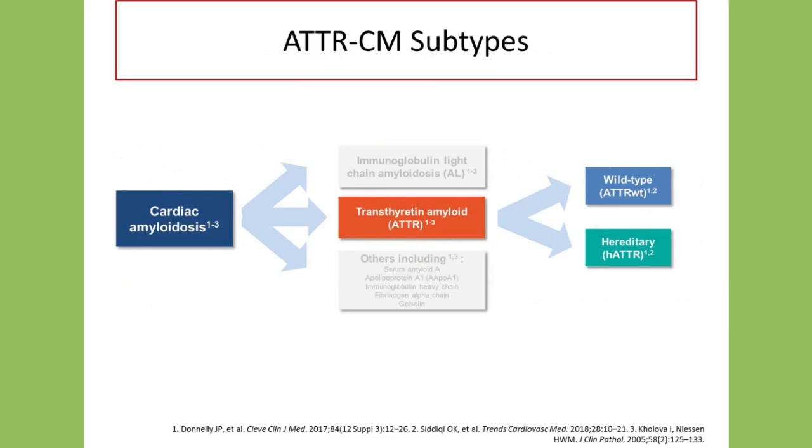When we talk about the ATTR, there are two main types of this cardiac amyloid. The first is the wild type, and the second is hereditary, or what they call the mutant type.